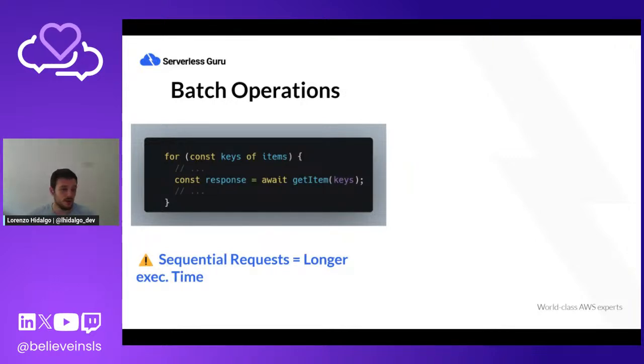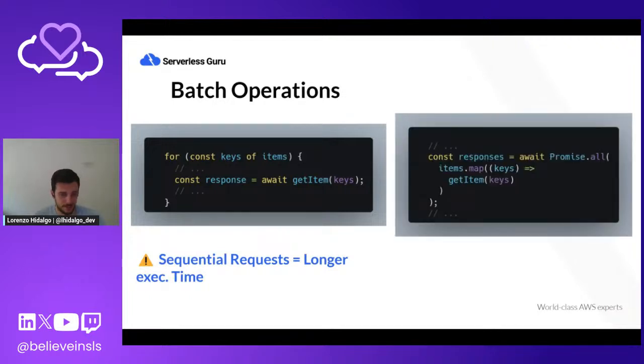Okay, we want to change this, and we mentioned sequential requests are bad. Let's do them in parallel. So you can see a Promise.all with an items.map to get all the different items that you have. This will work really well if you have 10 items.